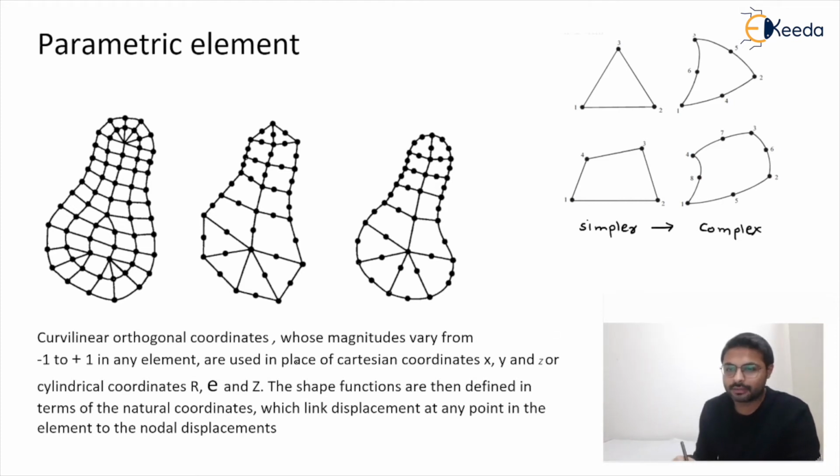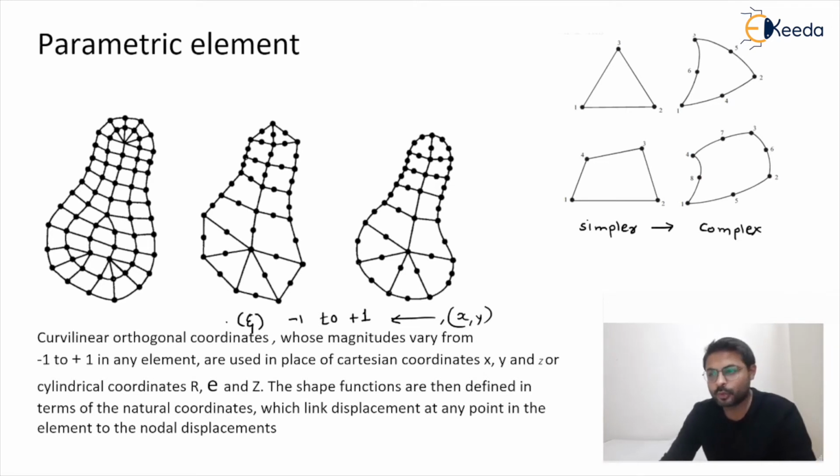The orthogonal coordinate is nothing but psi, which varies from -1 to +1, and instead of simple xy coordinates, we are replacing it by the natural coordinate system.